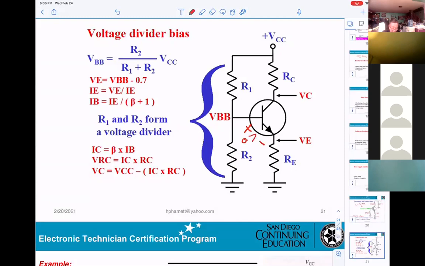So to calculate the VE, you take VBB minus 0.7. And after you get the VE, if you want to calculate the IE, it's very easy: IE equals VE divided by RE. You see that?